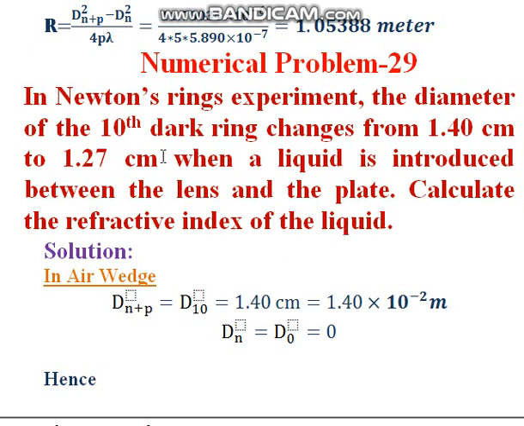Here only one ring is given, so let's write it as D_{n+p}, and it is 1.4 × 10^-2, and let's write D_n equal to D_0. This is the zeroth order ring and its diameter is 0, as in the case of Newton's ring.